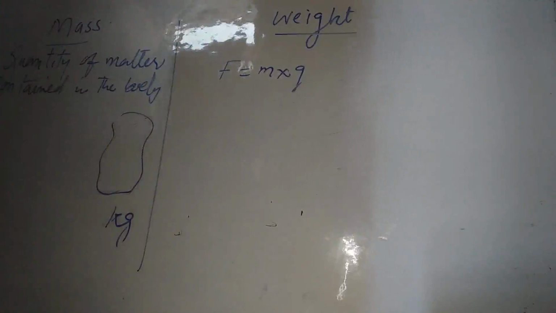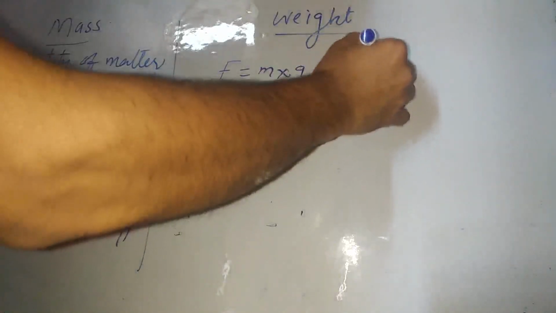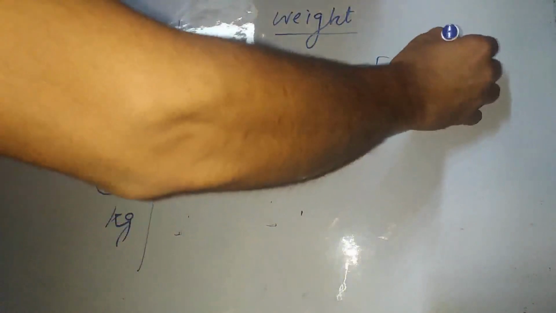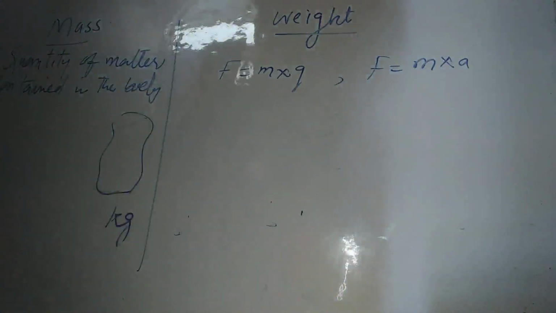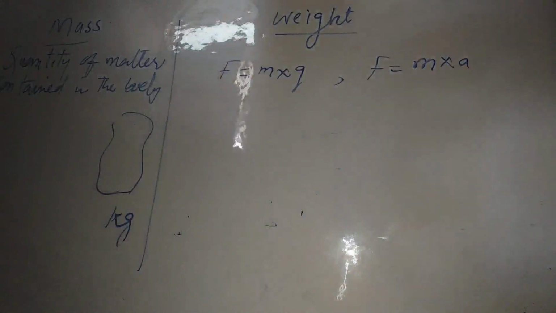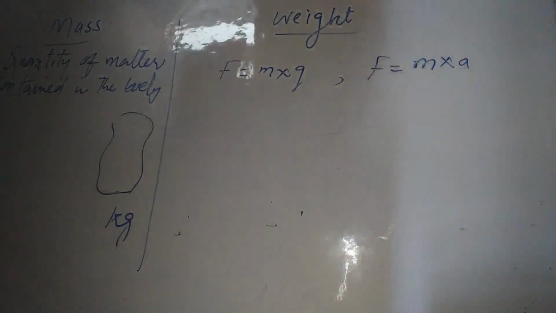We also say that from Newton's second law of motion, हम क्या पढ़ते हैं? F is equal to m multiplied by a. This is Newton's second law of motion. Weight: the weight of an object is the force with which it is attracted towards the earth.